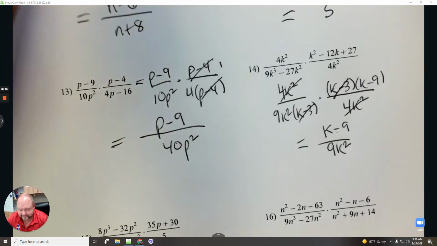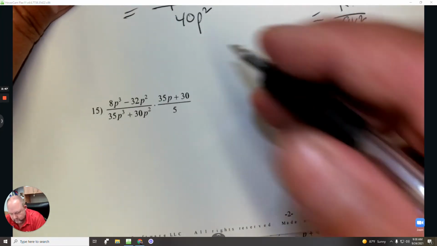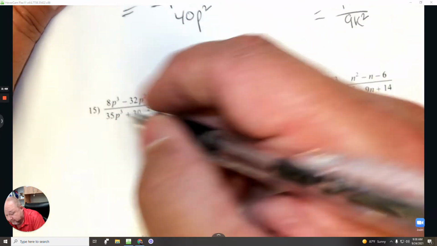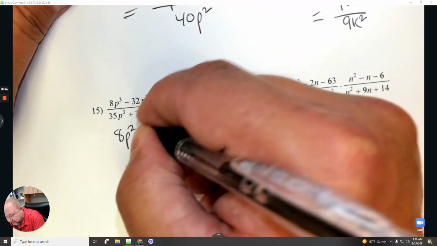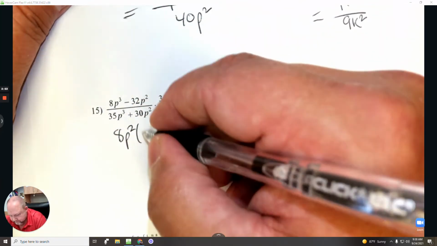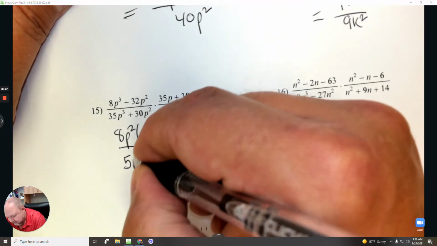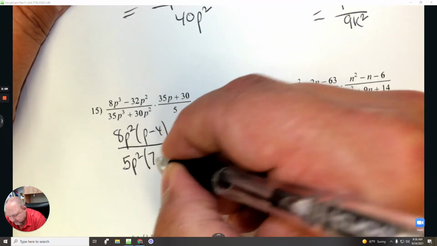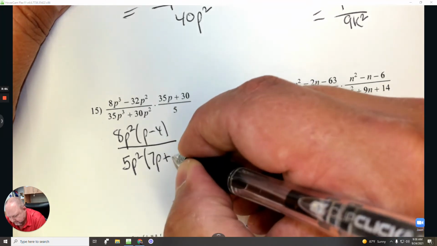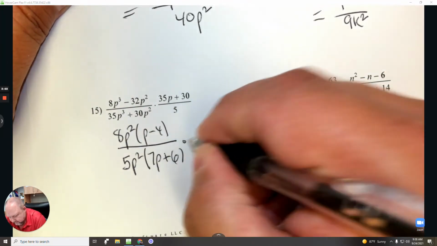Number 15. First step is to factor. So we're going to factor out a greatest common factor. So I'm going to factor out a 5p squared here. That's 7p plus 6.